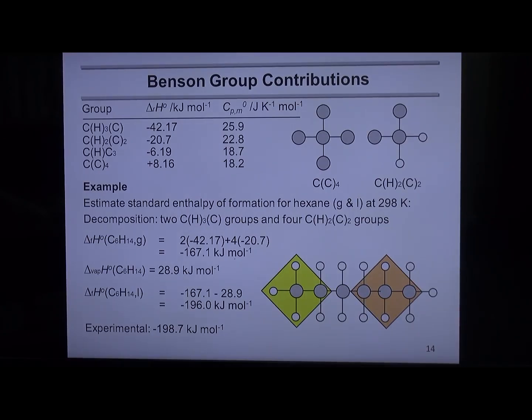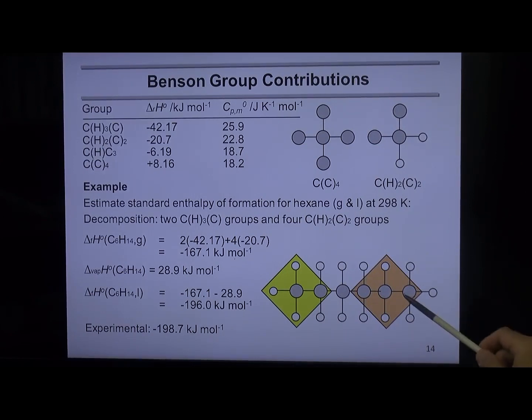For example, let's do it for hexane. Hexane has the chemical formula C6H14. So let's estimate the standard enthalpy of formation for hexane as gas and liquid at 298 Kelvin.